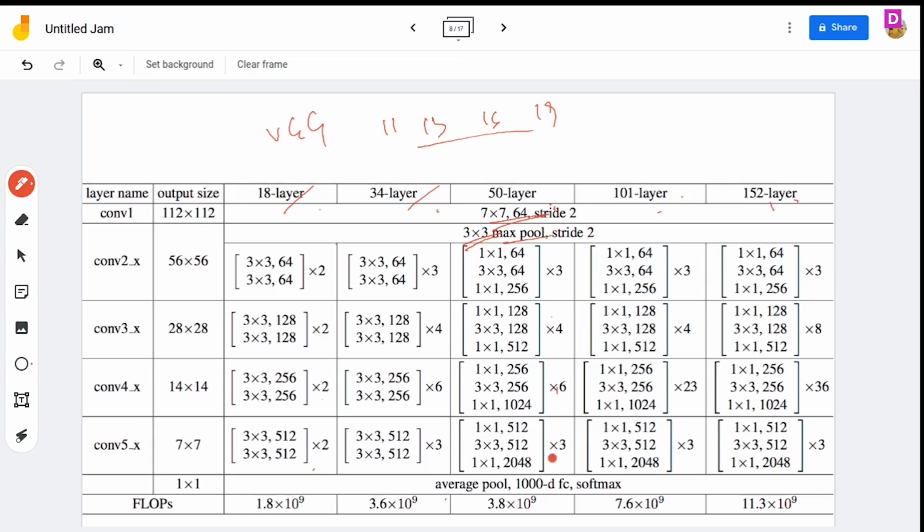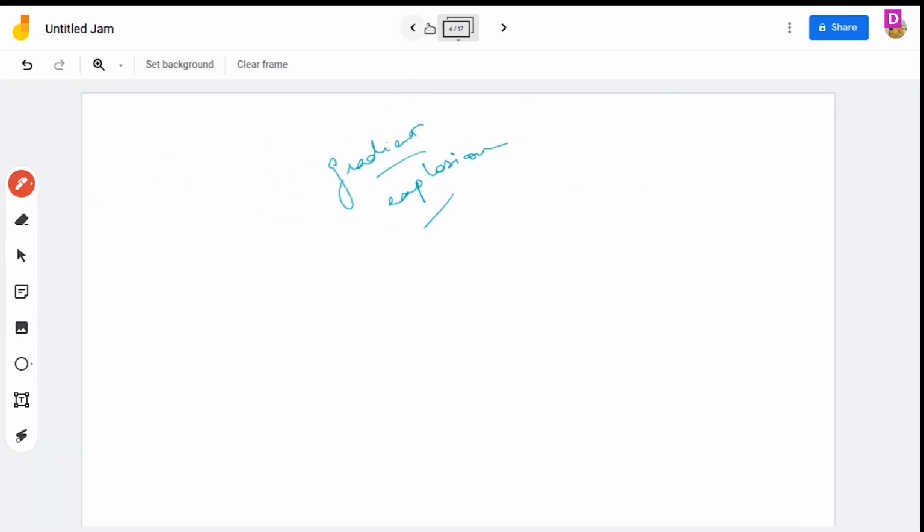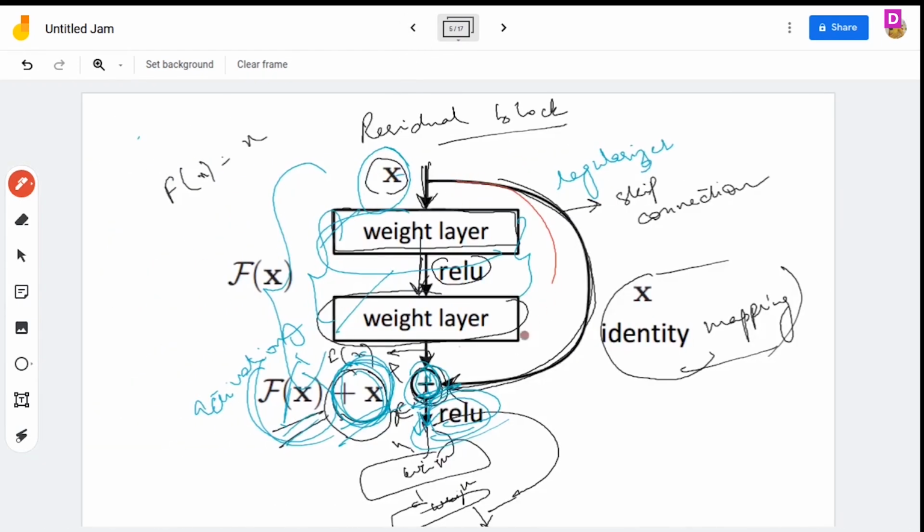The number of blocks keeps adding. If these blocks are not important, since you are adding this skip connection here, it just totally skips this part, as the name suggests. So you will not have to go through this whole thing. If these layers don't make a lot of sense, you can just totally skip them. That is the whole point of this.